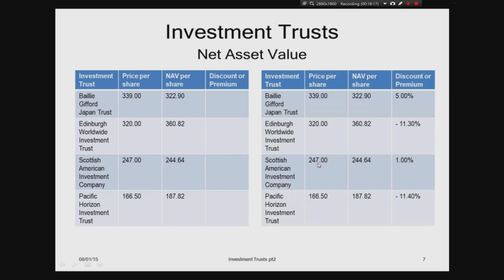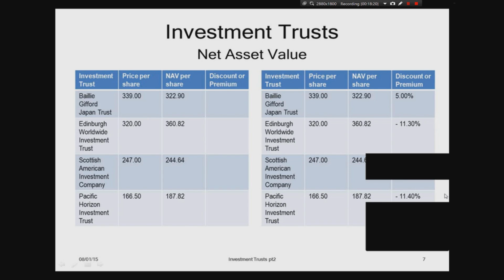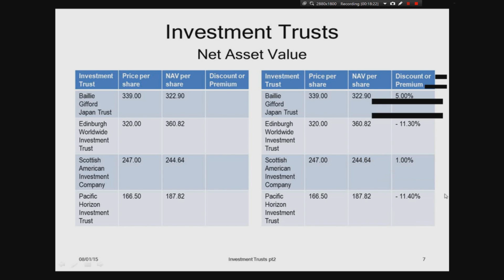So there we go, there are the answers. I just rounded them. And these figures were real figures on these particular investment trusts some time ago now, and these were what the discounts and premiums actually were on these investment trusts.